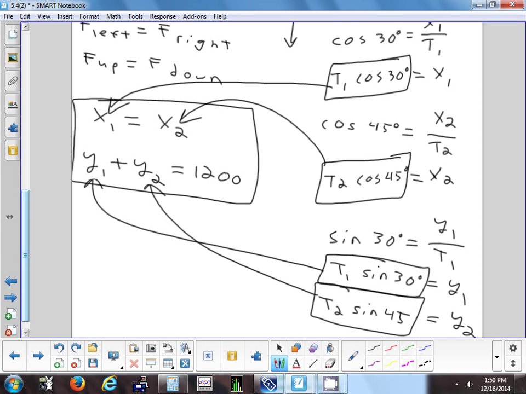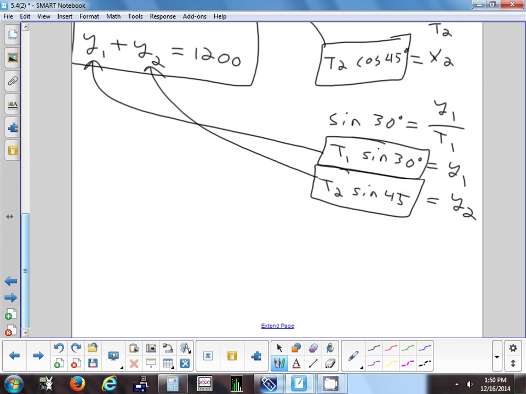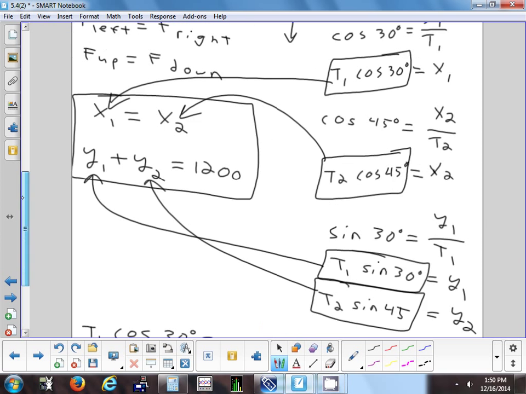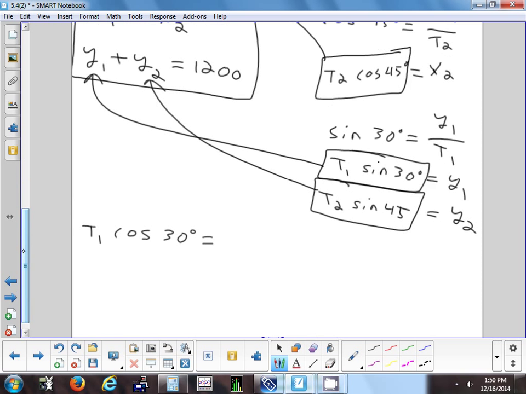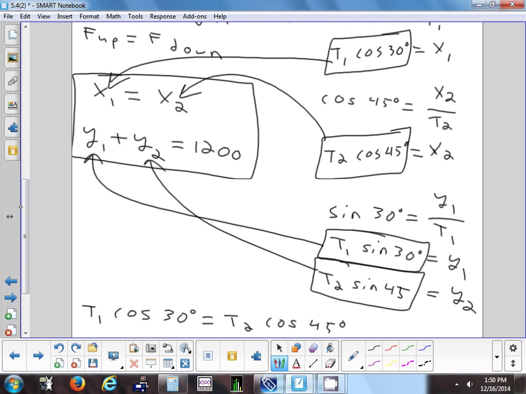So x1, it's t1 cosine 30. x2, t2 cosine 45. Okay, y1, let's see, that's t1 sine 30.